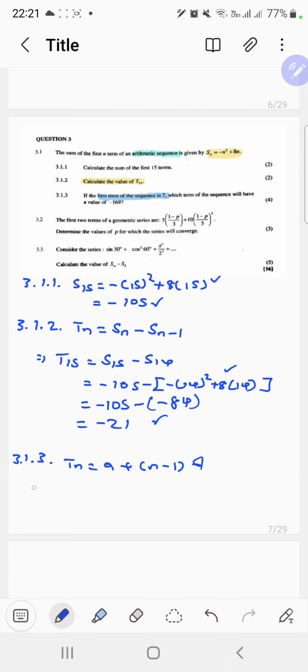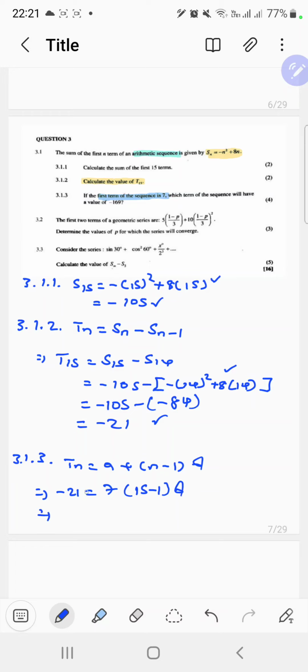We already know that T15 is, sorry, minus 21. So we know here that minus 21 is equal to A, which they told us is 7, plus 15 minus 1 multiplied by D, which is what we want.